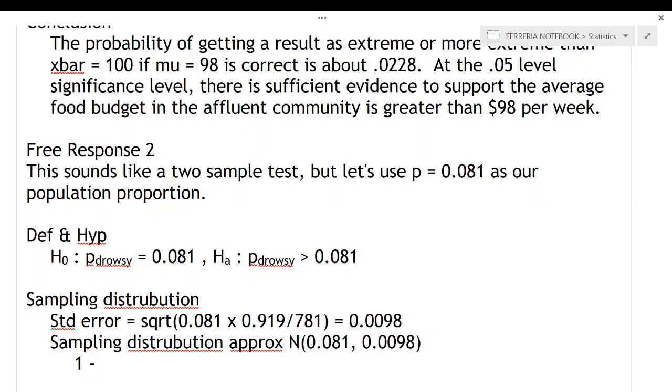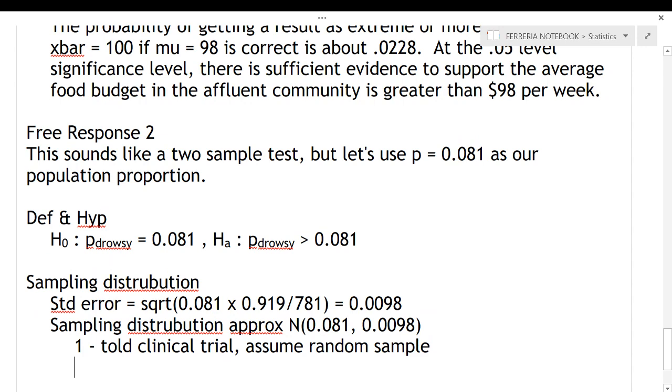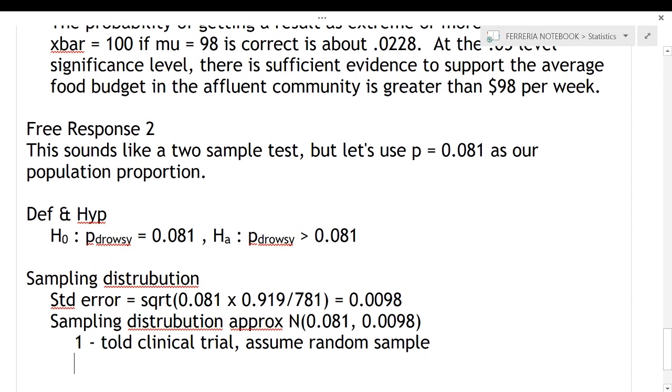It does say clinical trial, right? So that means random sample. It probably means random sample if it's a clinical trial, unless it's a bad clinic.